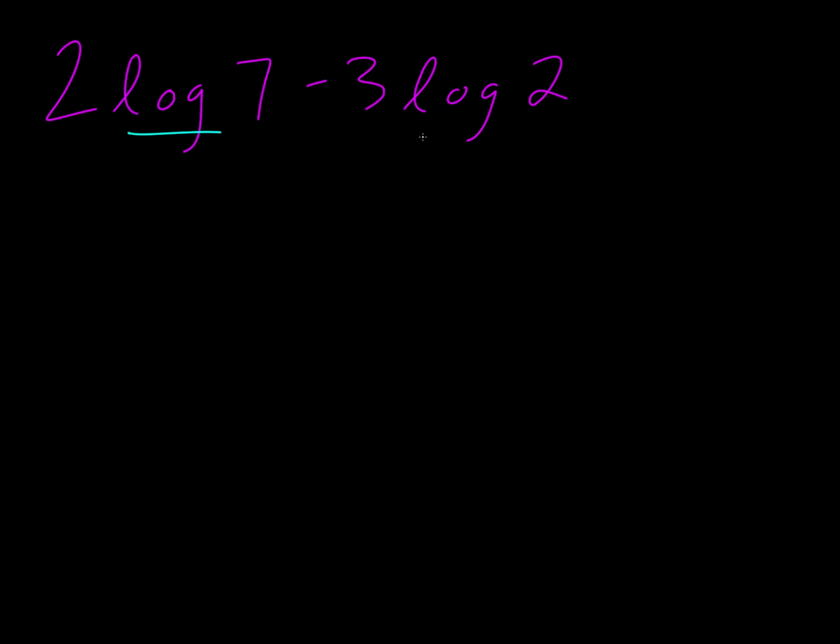Okay, let's keep going. So now we have 2 log 7 minus 3 log 2. The first thing we want to check is that we have the same base, which we do. It's log base 10, log base 10. And we're going to use that exponent rule where we bring that up here.